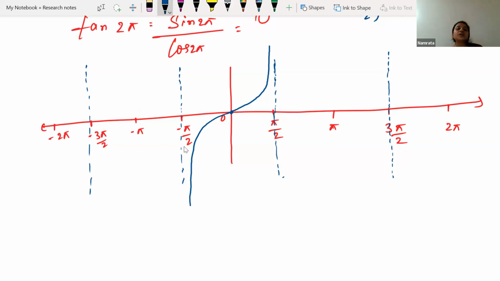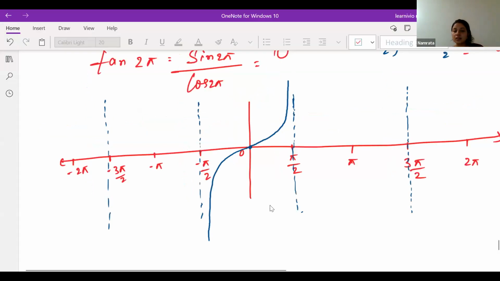Is this much clear to both of you? Yes. Yes, ma'am. This much part is clear. Now in between all the dotted lines, I'm going to repeat this pattern. That will be the graph of tan theta. Okay, let me repeat it.